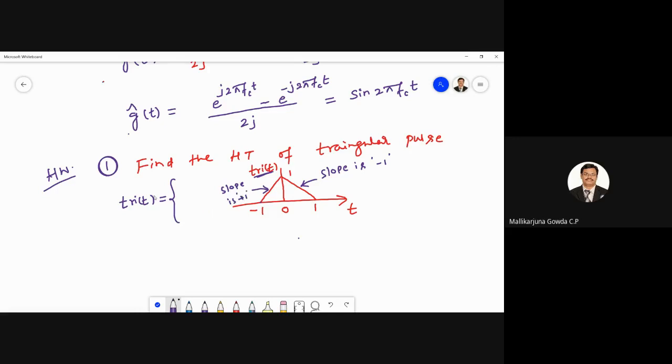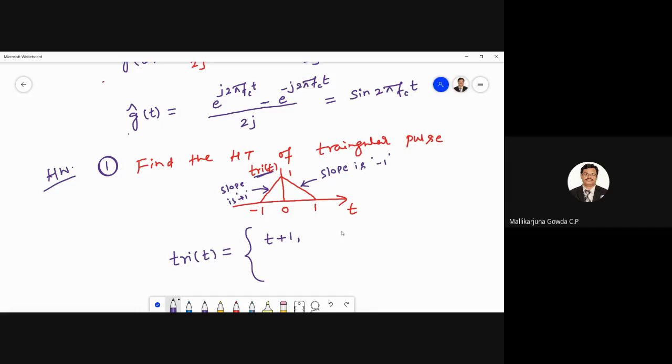So with that, what I can write is, Tri of t will be equal to t plus 1 for what interval?